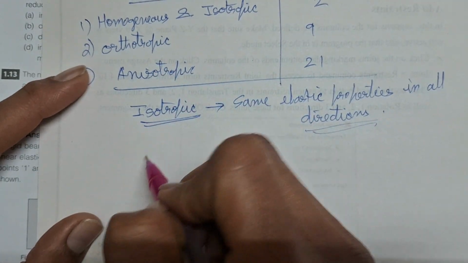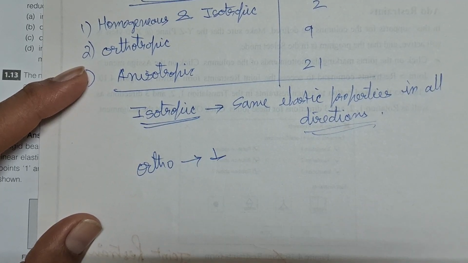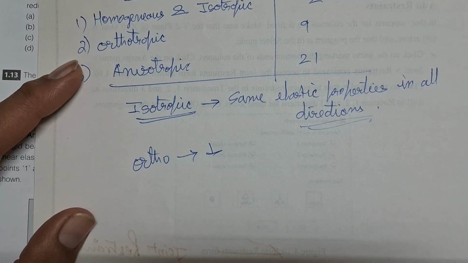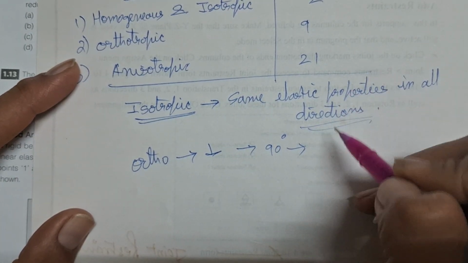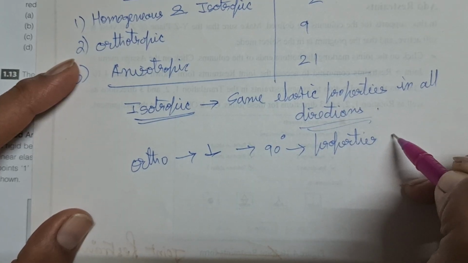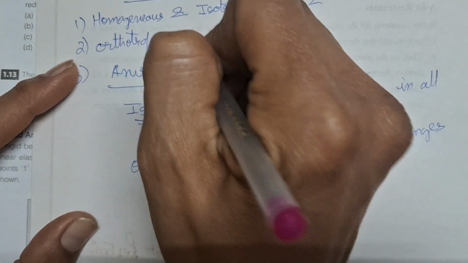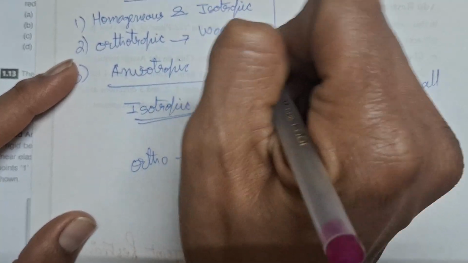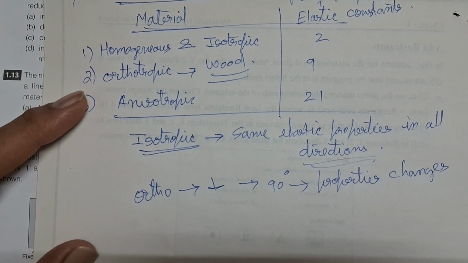Orthotropic is related to ortho, which means perpendicular. So at 90 degrees, the elastic properties change, right? Here you can give the example of wood. Wood is an example of orthotropic.